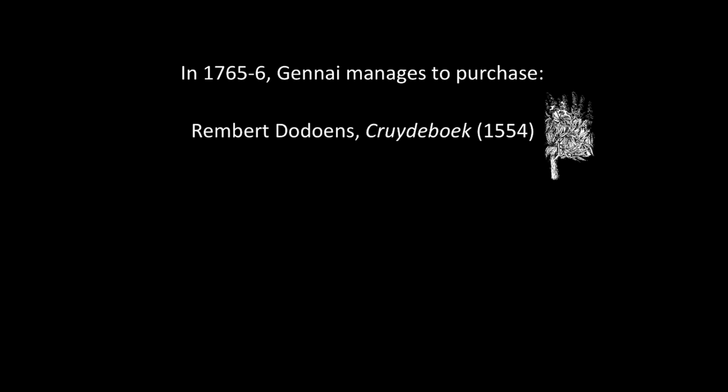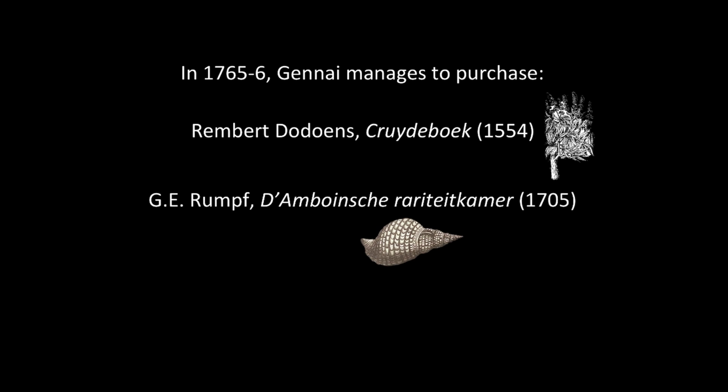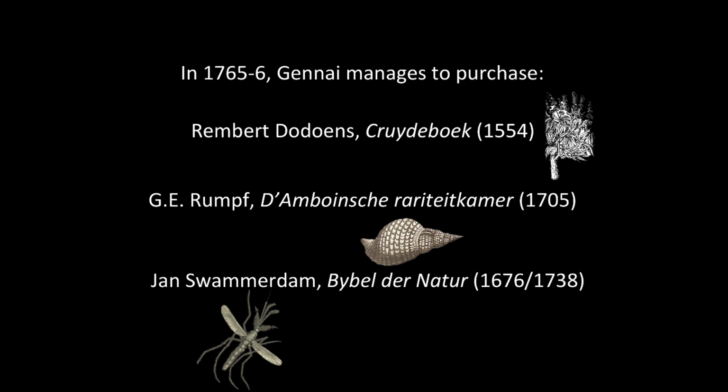In 1765 and 66, in the course of 2 years, he managed to purchase 3 books. One is Dodonaeus's book on pharmacology, one of the most reprinted books in early European natural history. This is a book of pharmacology of herbs.